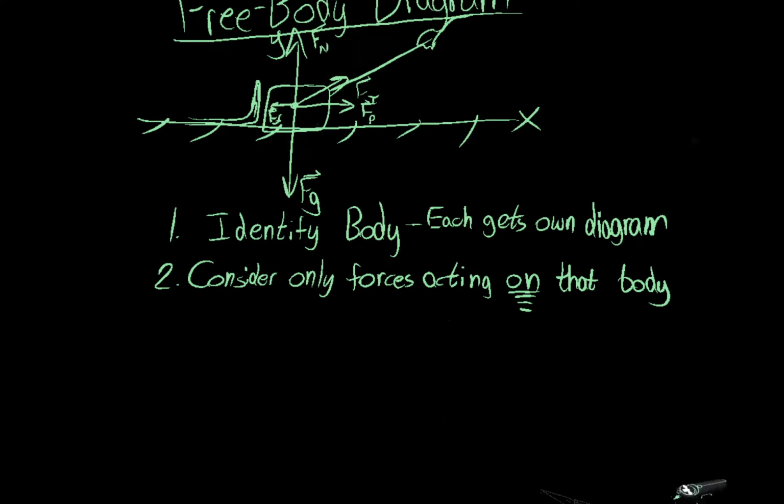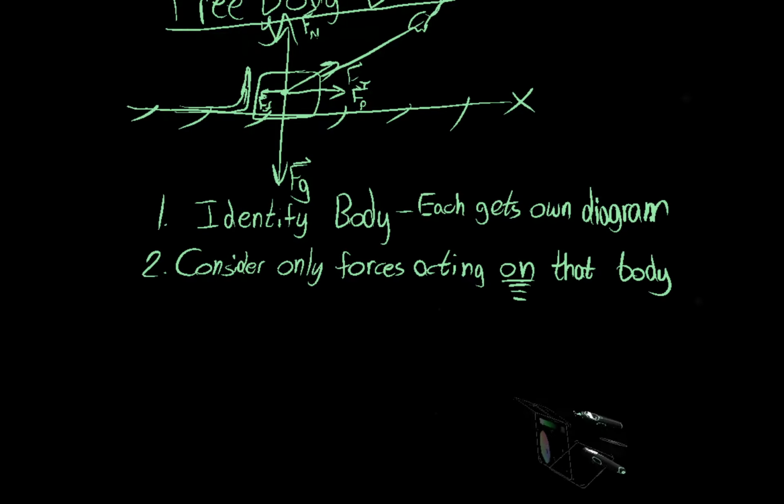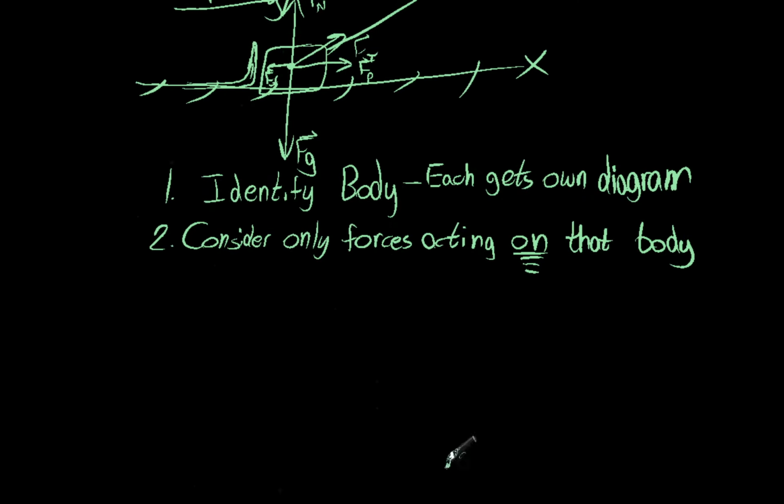Right? Forces going on all around. Your body might be exerting forces on other things. It most likely is. Like at least force of it onto the surface, which results in the normal force on it. You don't care about that force. You only care about the forces that are acting on your body that you're concerned with.